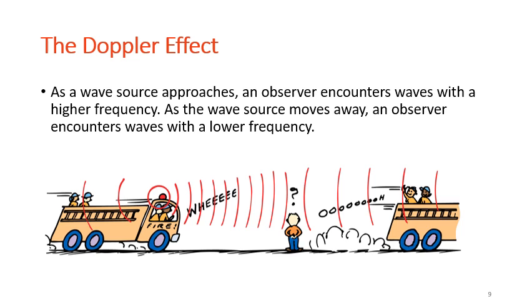You hear the frequency of the siren as higher when it approaches towards you, and when it has passed and moves away from you, you hear a lower frequency. Same siren, but higher frequency when approaching and lower frequency when moving away. This effect we call the Doppler effect.